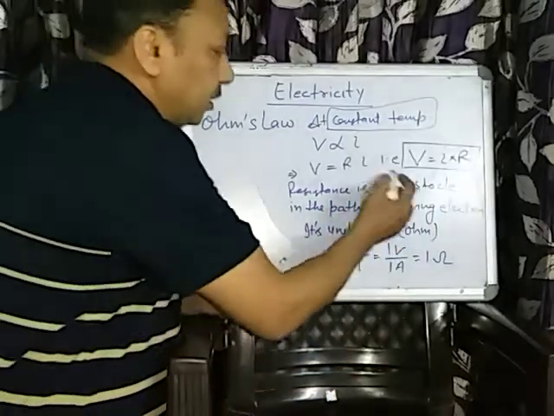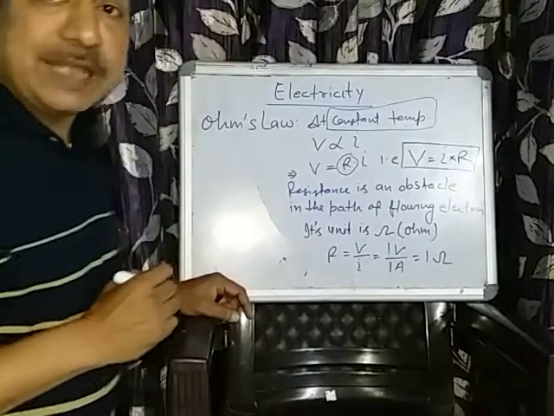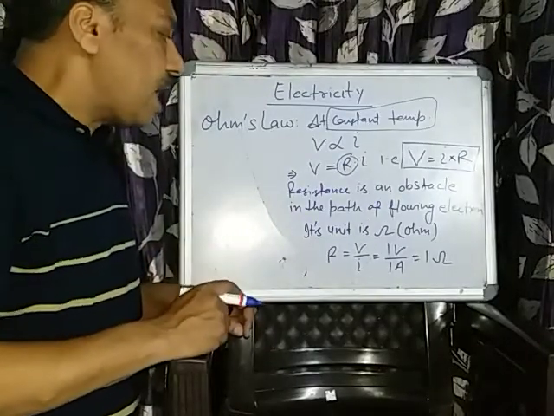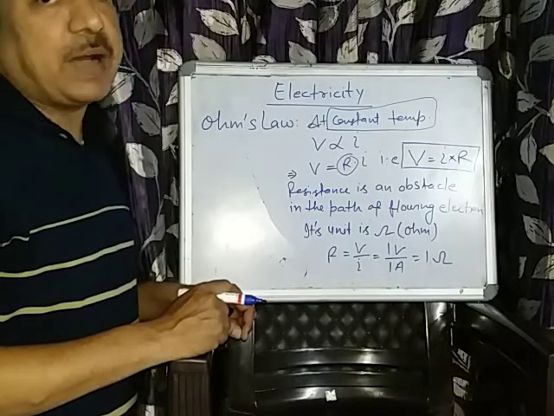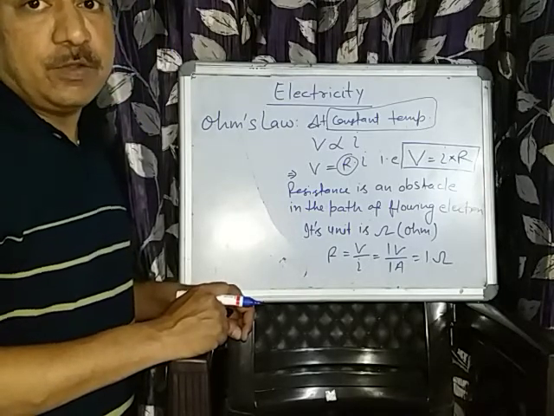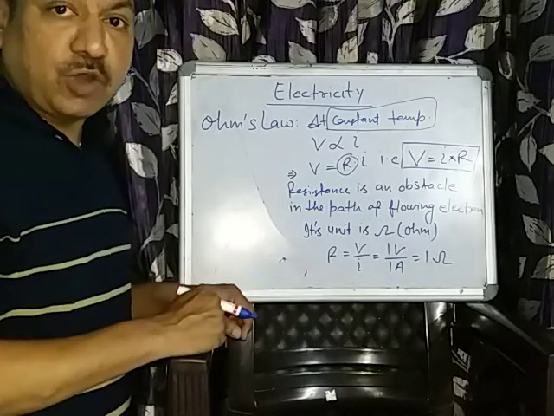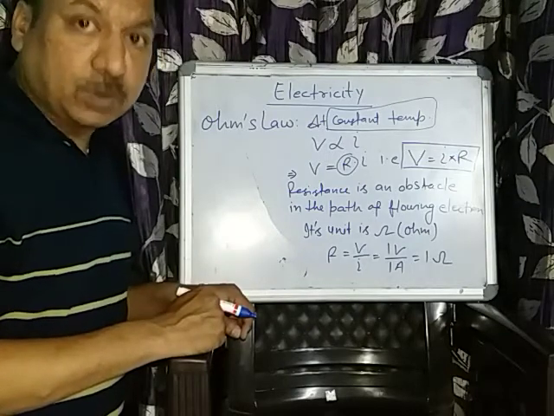What is R here? R is definitely a proportionality constant, and it is defined as an obstacle in the path of flowing electrons. When you move on the ground, it offers you a frictional force, or not? Yes.